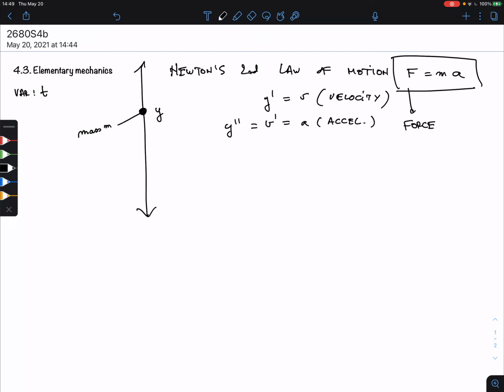What Newton says, you should think about it this way. If you have an object with a certain mass, and it's sitting there, nothing has happened to it, but all of a sudden a force is applied to it, what the force will do is change its velocity, but even more so, it is related to its acceleration.